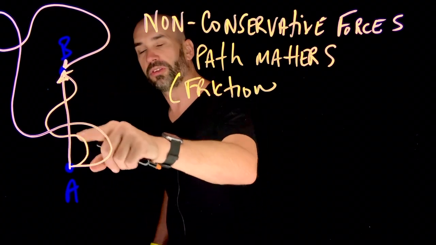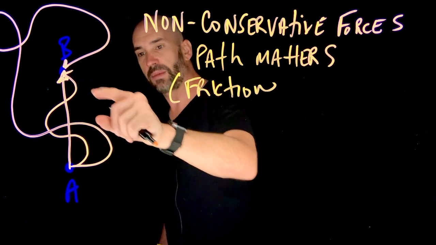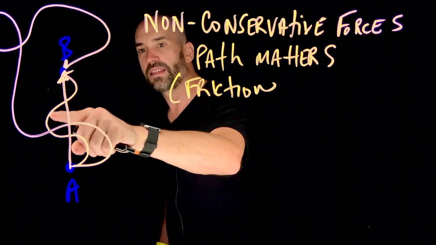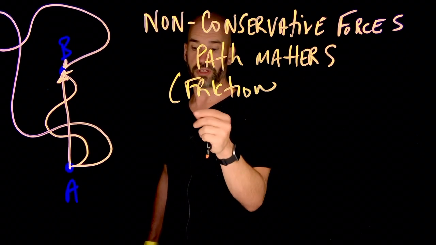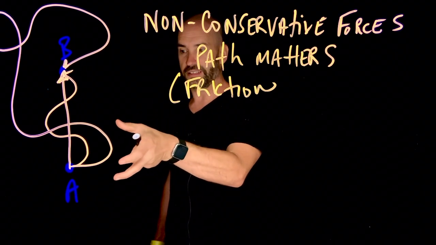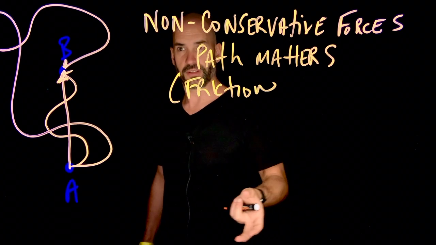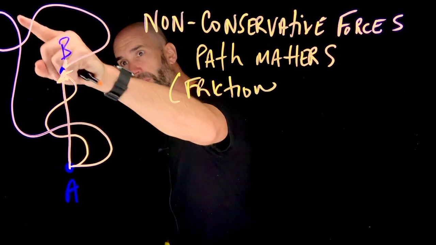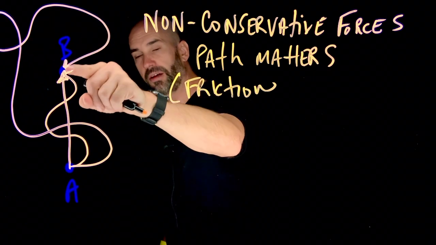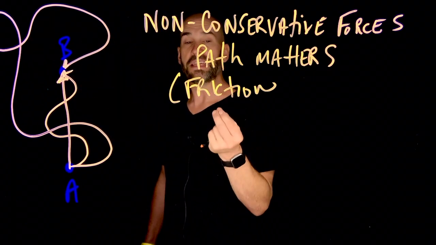Even though your displacement's the same and you're ultimately ending at the same spot, this longer path is going to have more work. It's going to take more work because you're working against the frictional force over a longer distance. And if you take this even longer path, up, over, around, and on, you are going to get even more work.